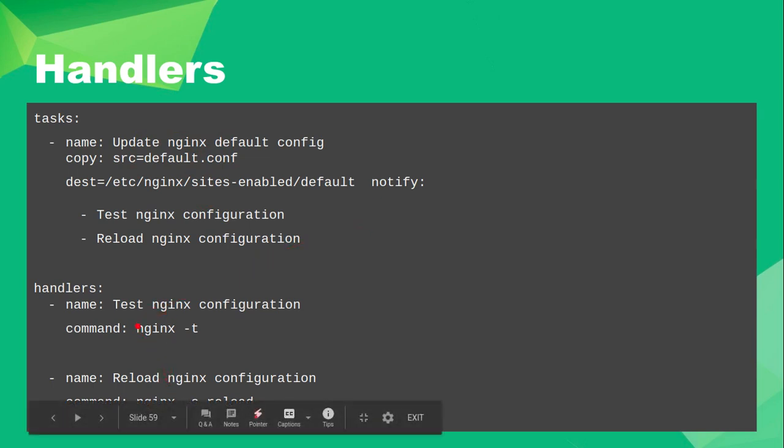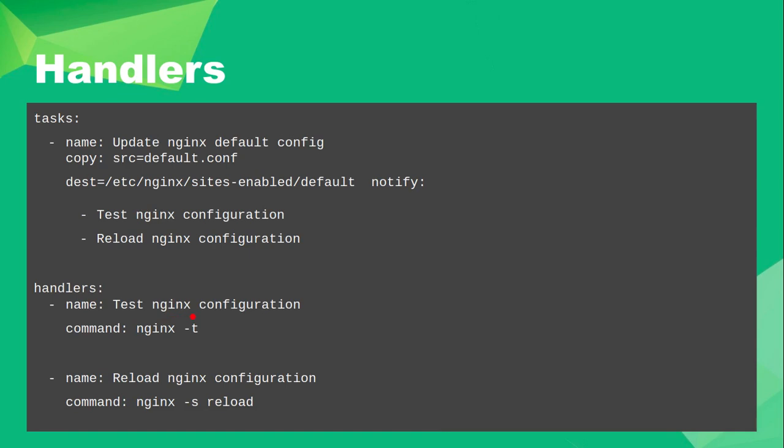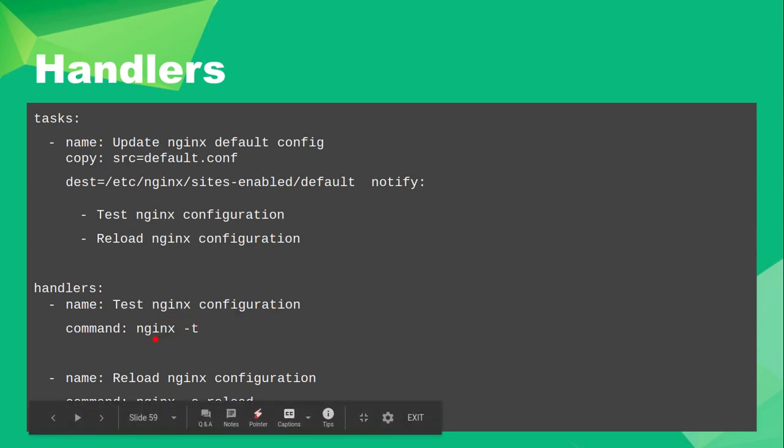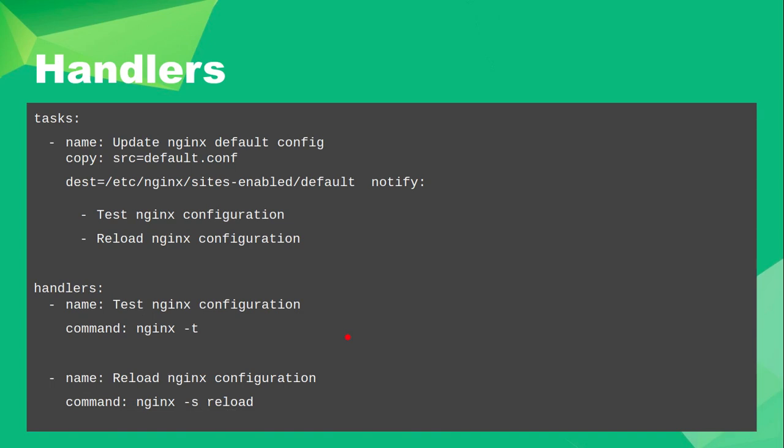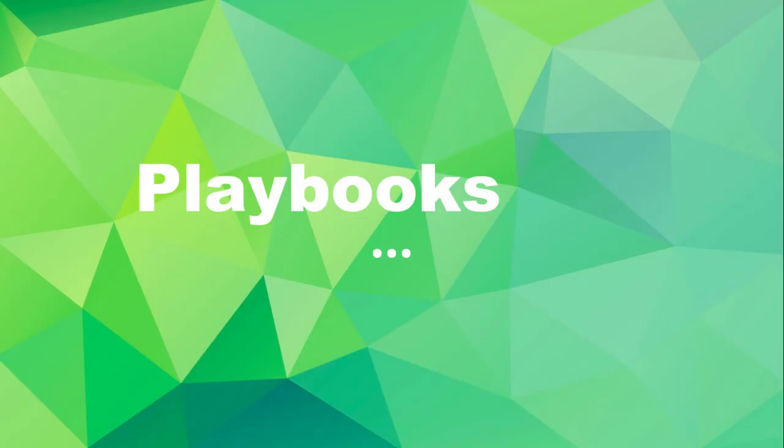The first handler we have is test nginx configuration. To test the nginx configuration, we are just running the nginx -t command, and if you want to reload the nginx configuration, we have the command nginx -s reload. So this way, for your primary task we can write handlers as well, and if you want to modify something, we can add handlers to test it.